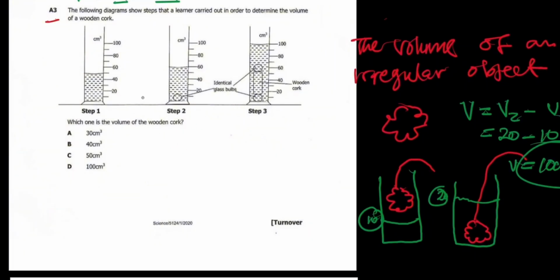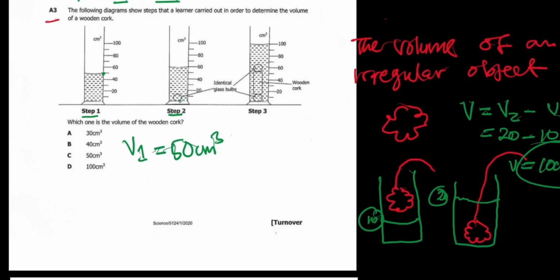When you look at the question, notice that for the first step, you have water in this cylinder. The water level is up to the 50th mark. So we can confidently say that the first volume is 50 cubic centimeters. Now, one glass bulb has been added in the second step.